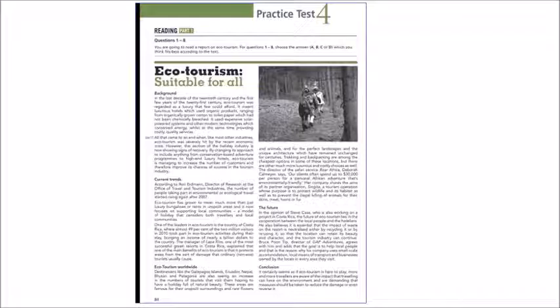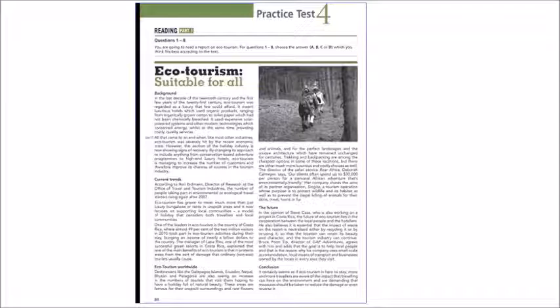Ecotourism has grown to mean much more than just luxury bungalows or tents in unspoiled areas, and it now focuses on supporting local communities, a model of holiday that considers both travelers and local communities. One of the leaders in ecotourism is the country of Costa Rica, where almost 49% of the 2 million visitors in 2010 took part in ecotourism activities during their stay, bringing an income of nearly $1 billion to the country.